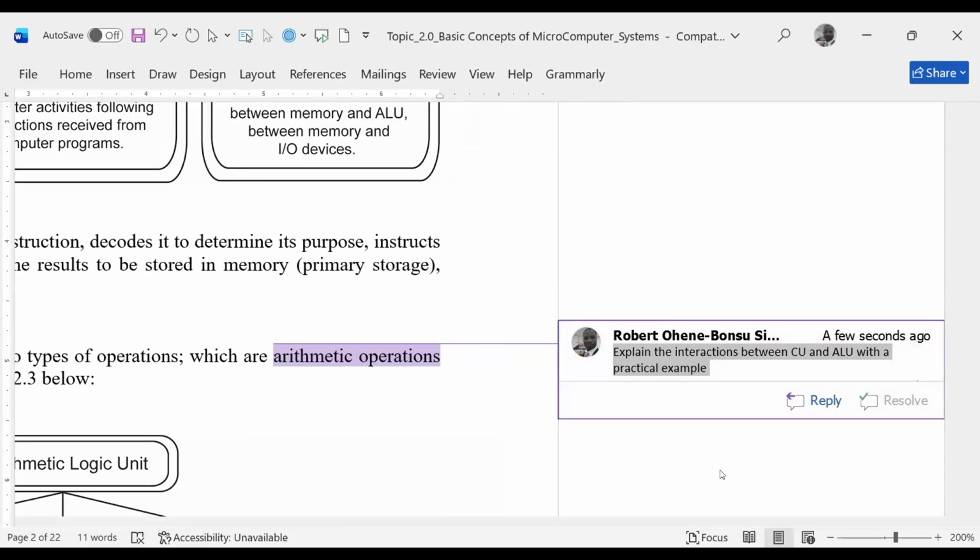Good. Have you seen this, the one I've highlighted? Someone should read for us.